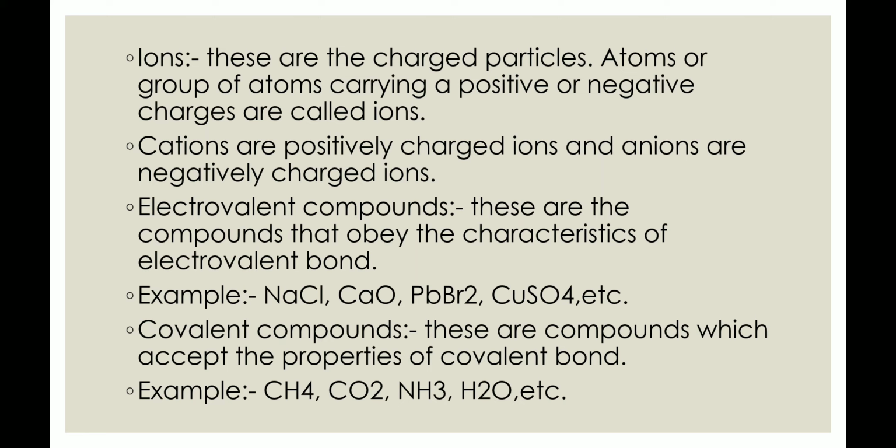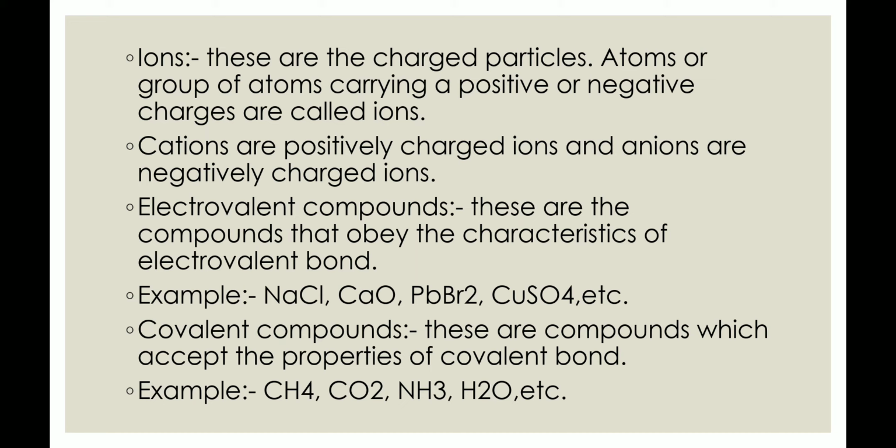So these are called electrovalent compounds. Some examples of electrovalent compounds: sodium chloride, calcium oxide, lead bromide, copper sulfate. We find a metal and a non-metal, or a metal and a non-metallic radical.